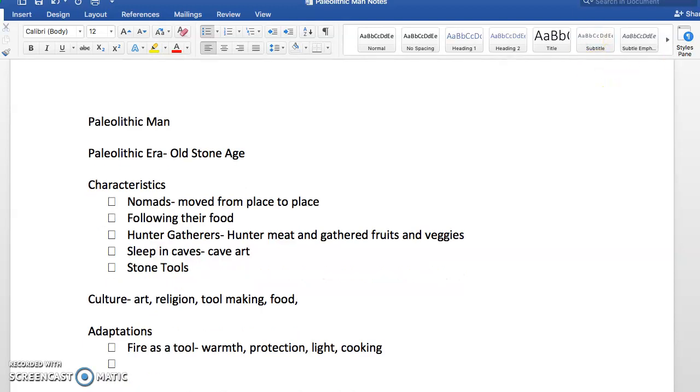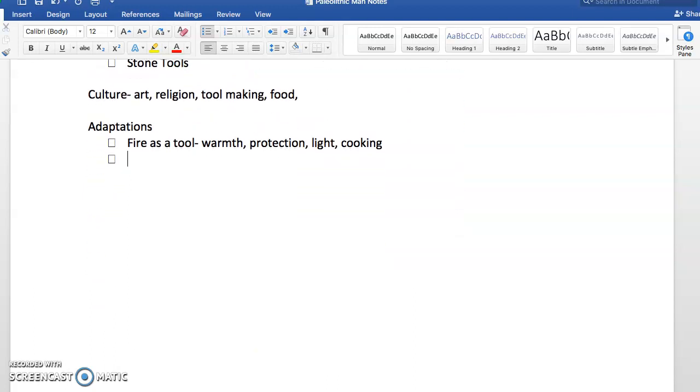Now, scroll down a little. Notice it says fire as a tool, because that was the adaptation, taking fire and using it as a tool. And it was in response to the need for warmth, the need for protection, the need for light, and the need for cooked food.